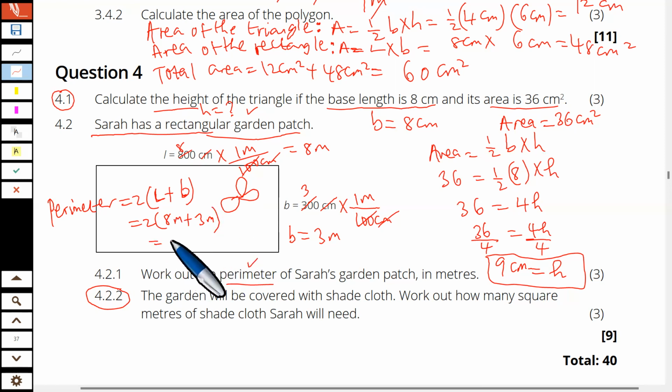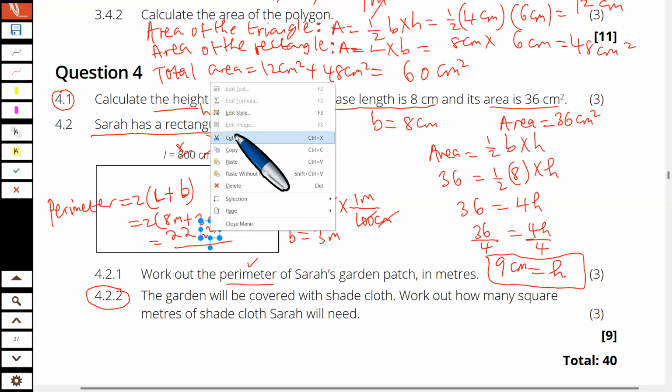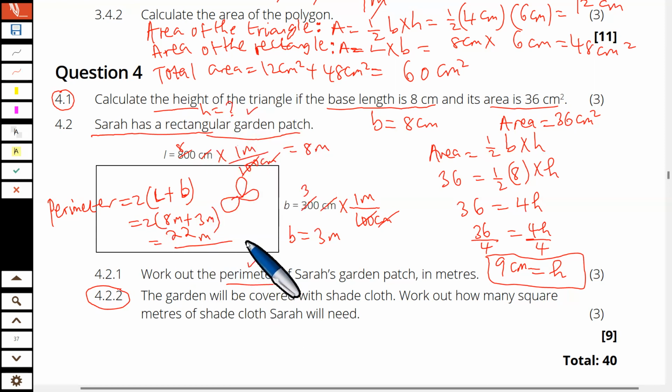So what is the answer? So the answer is going to be 22, because 8 plus 3 is 11 times 2, 22. 22 meters only, because you're just adding everything up. So we're done.